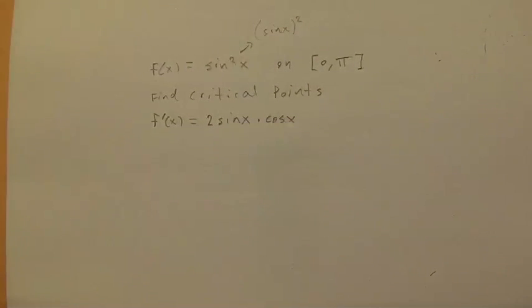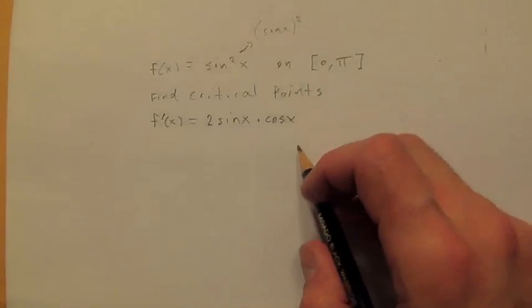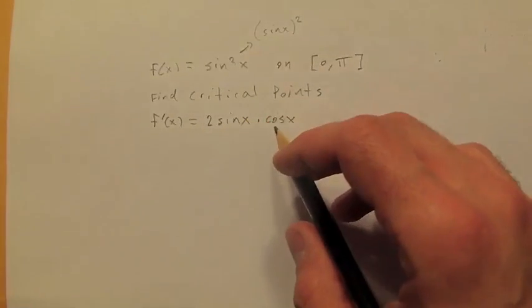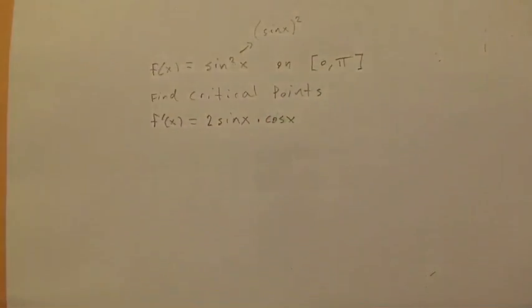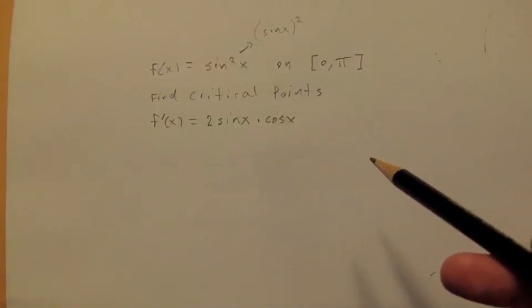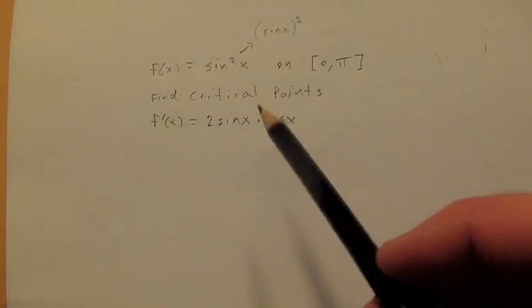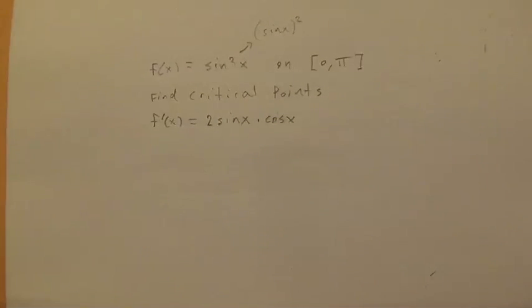Now we want to find the critical points, and to do this we have two choices. One is when the derivative is equal to 0, and the other is when the derivative is undefined. Sine and cosine are continuous everywhere, so the product will be continuous everywhere.